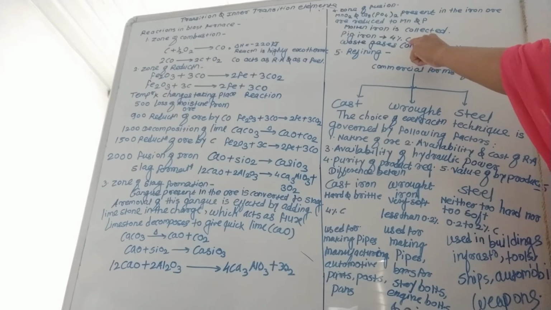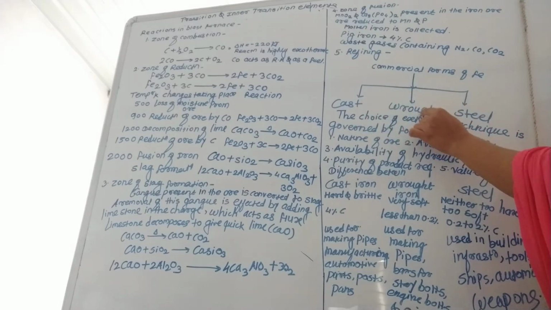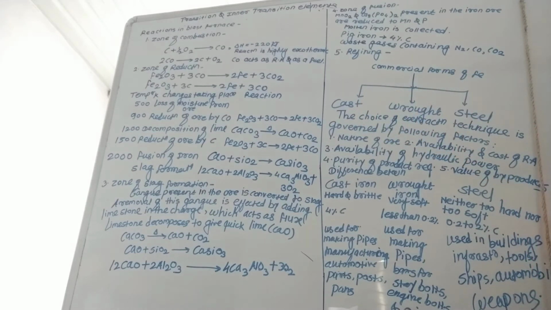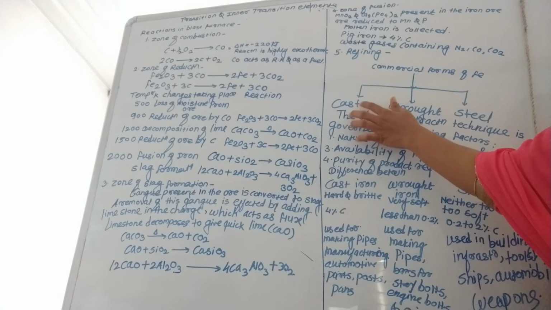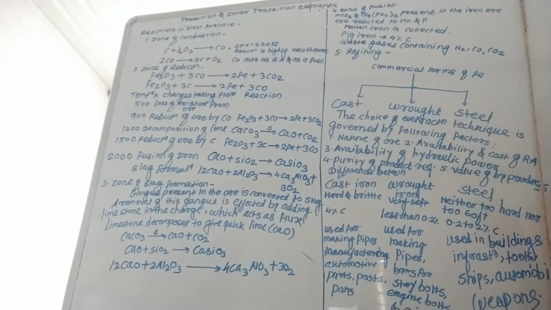This contains pig iron. Pig iron, that means what? Molten iron is pig iron, wrought iron, commercial forms of Fe. Fe can form 3 forms: cast, wrought and steel. And there are some waste gases containing N2, CO and CO2 released. Okay, this is the zone of fusion.